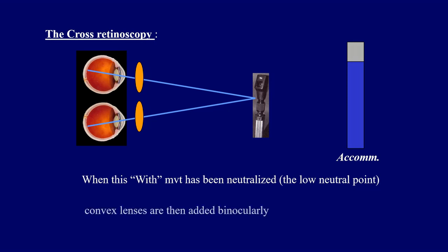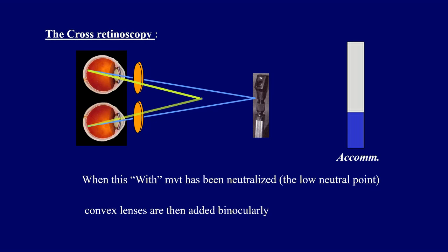Now, if we start to add more convex lenses on each eye gradually, the patient will start to relax his accommodation. The more we add power, the more the relaxation of accommodation will be done, till we reach the point where the patient has done maximum relaxation.